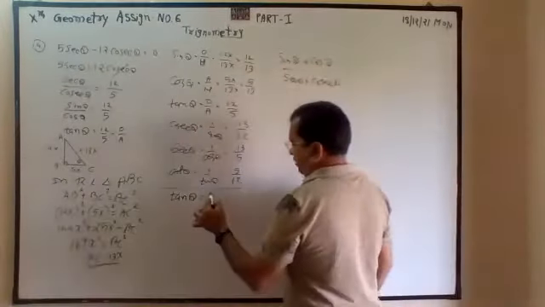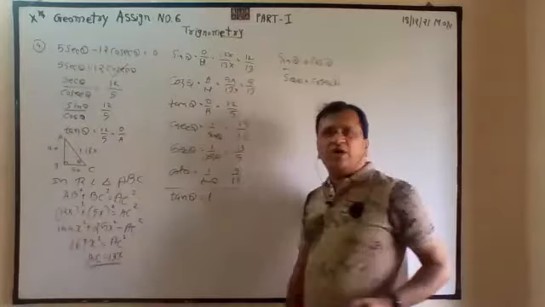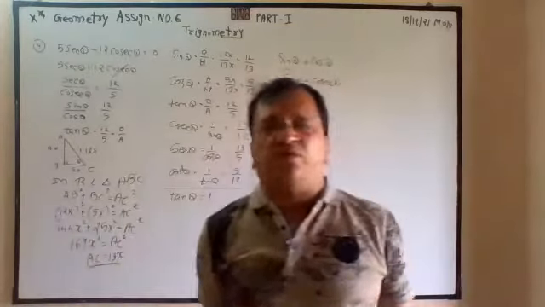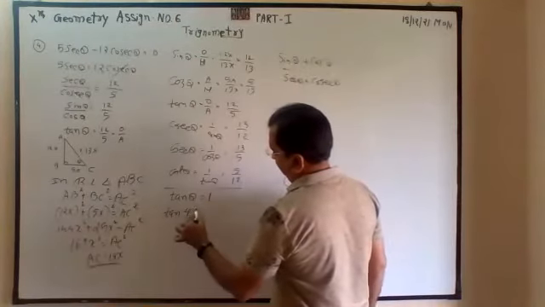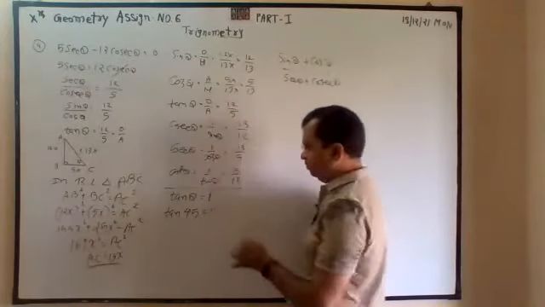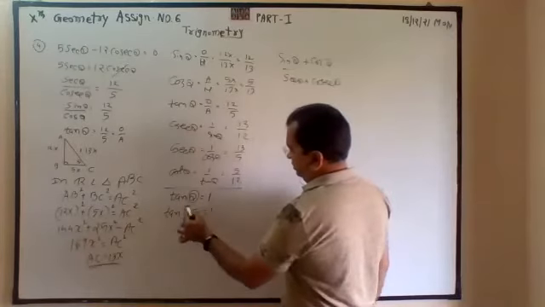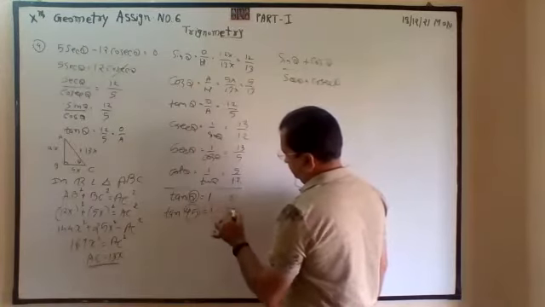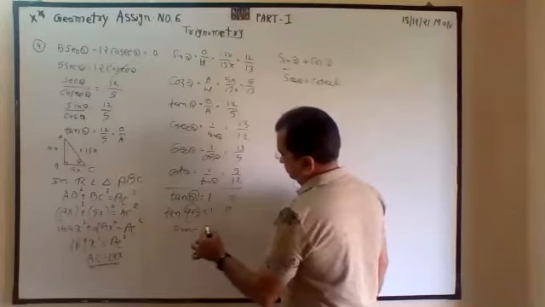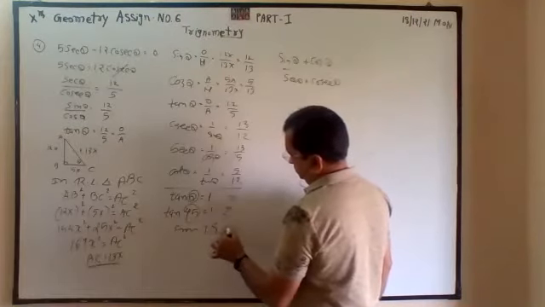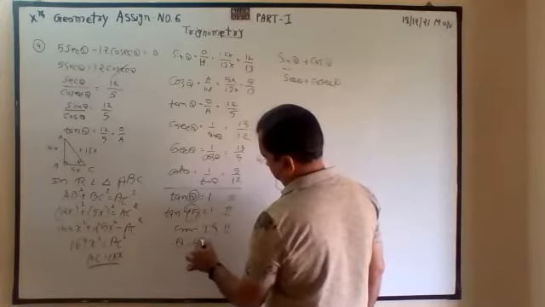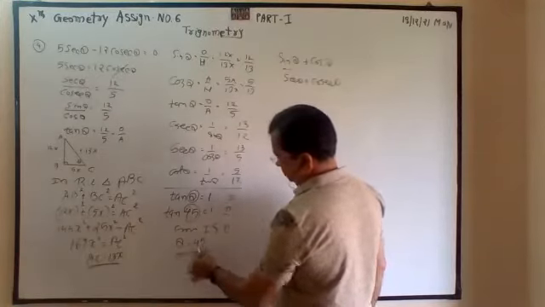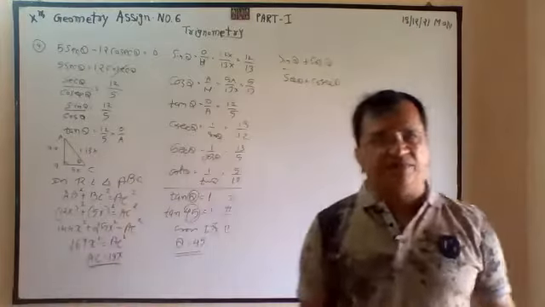Tan theta is equal to 1, and tan 45 is equal to 1. So comparing both the equations, theta is equal to 45.